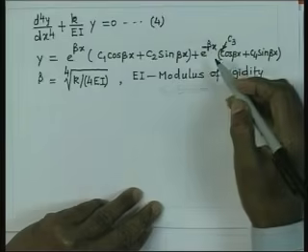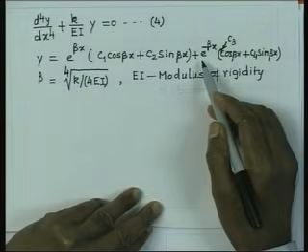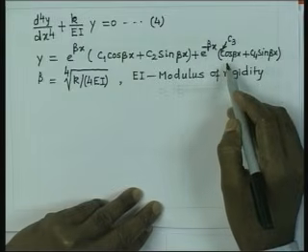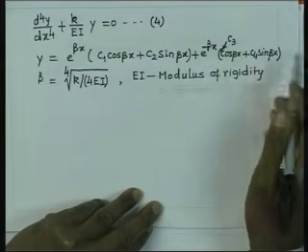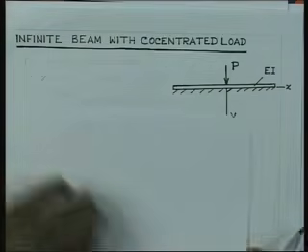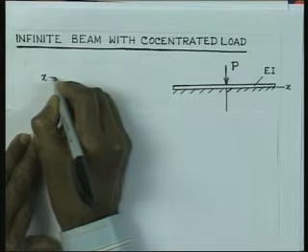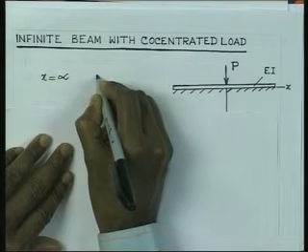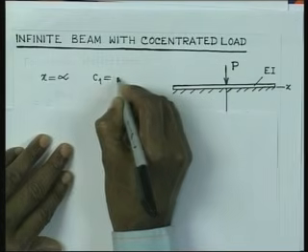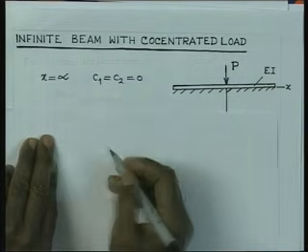For a problem of that type, our solution should be certainly y equal to e to the power minus beta x into C3 cosine beta x plus C4 sin beta x. So, that is the specific case that we have, and therefore, at x is equal to infinity, what we ought to have is that C1, C2 must be equal to 0. So, they must vanish.